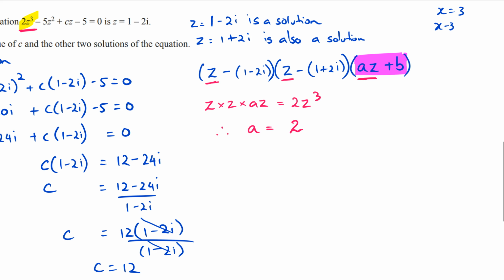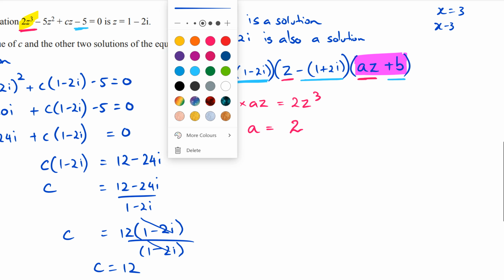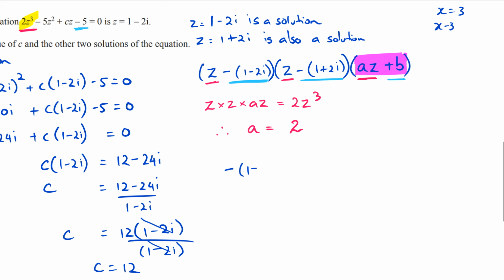Now, the next step is to figure out what that b value is. To do that, we can say b multiplied by this should equal minus 5. So we've got negative (1 minus 2i) multiplied by negative (1 plus 2i) multiplied by b should equal minus 5.